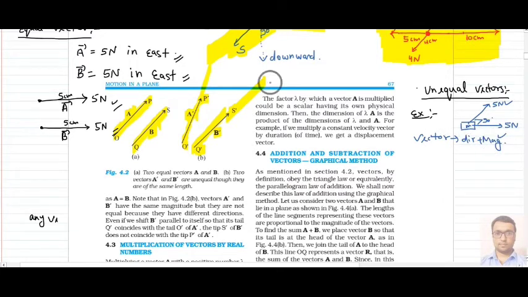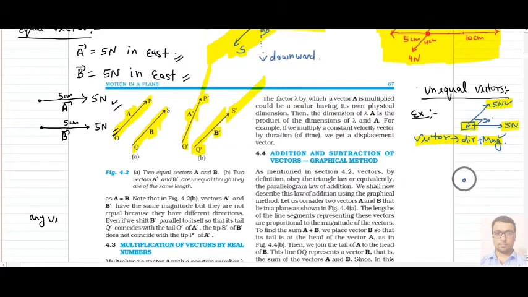Two vectors will be called equal only and only if magnitude and direction are both common. So magnitude is equal but direction is not equal, that's why they will be called unequal vectors.